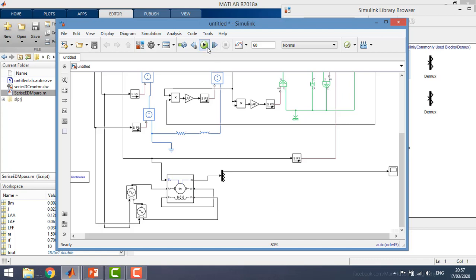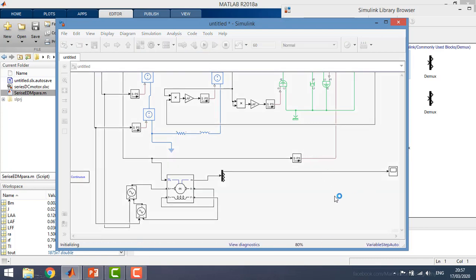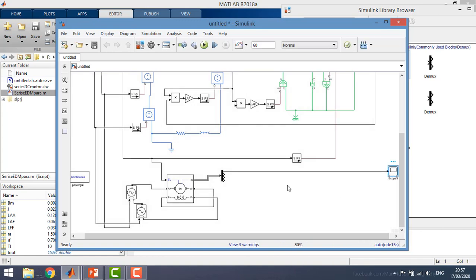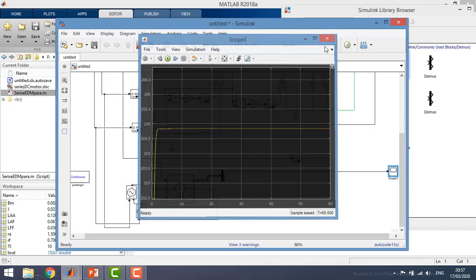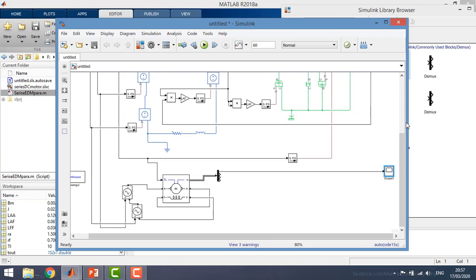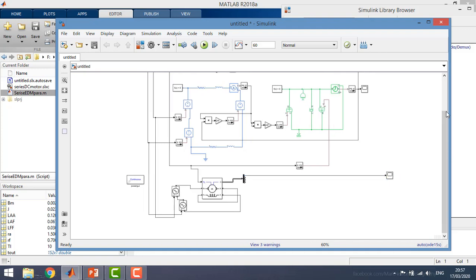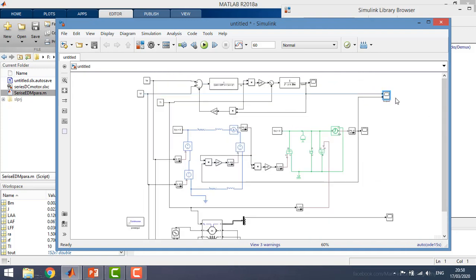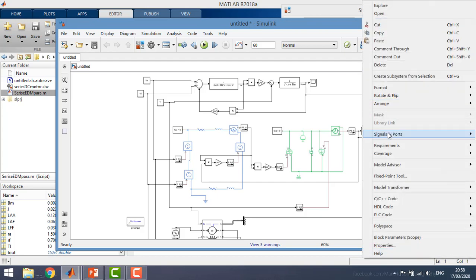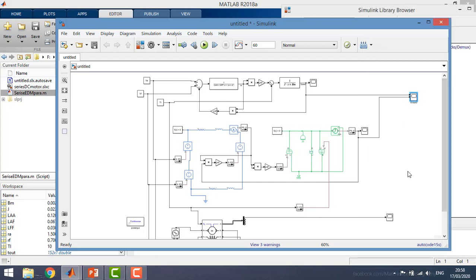Okay, so let's run the model again and see if we will get the same results. Yeah, so if we put the output of the three models together and check if we will get the same speed, the same signal from the three models.